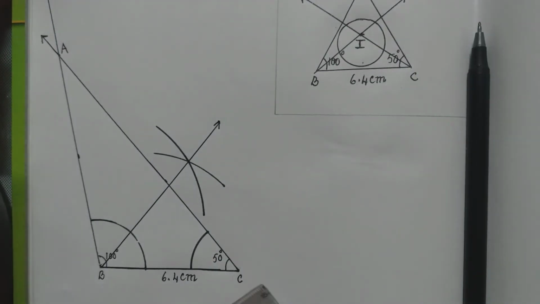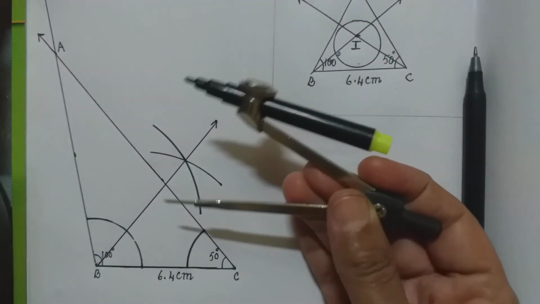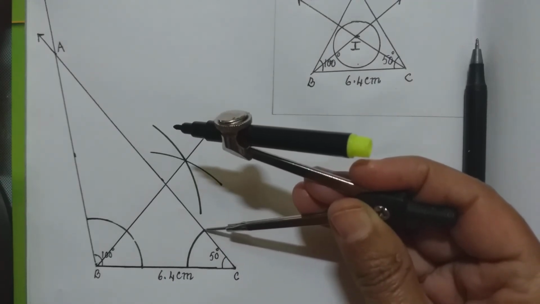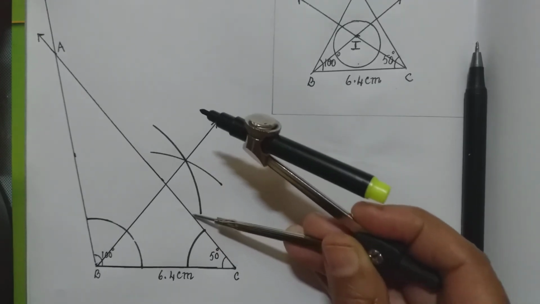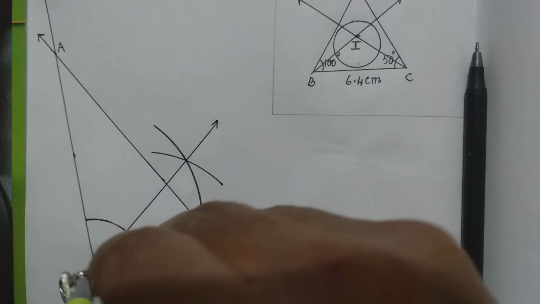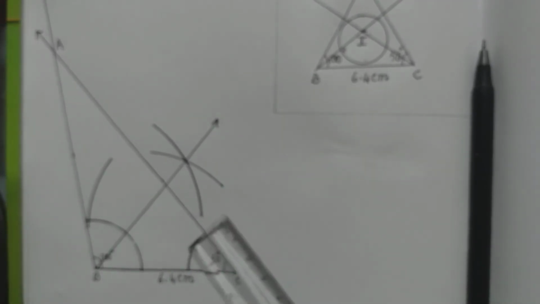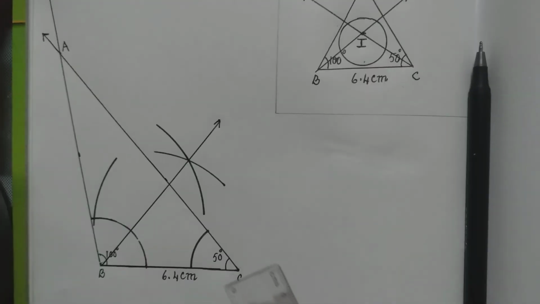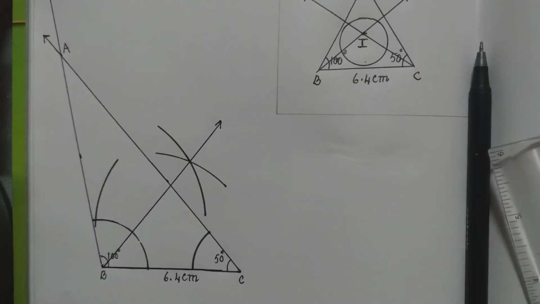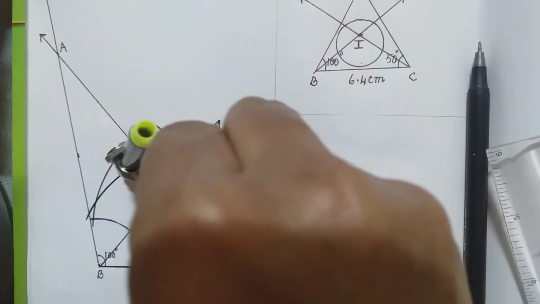Now in the same way we will take this compass with the same measurement if required, or you can change it if you want. And at this point where this arc is cutting this side of the angle, we will draw one arc here. Again this arc is also cutting this side of the angle, so I can keep the point here and cut this arc here.